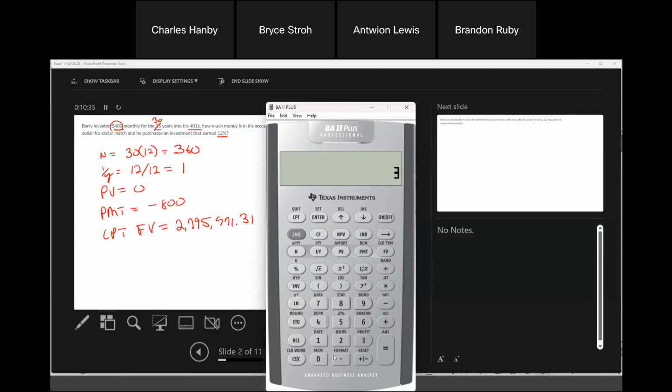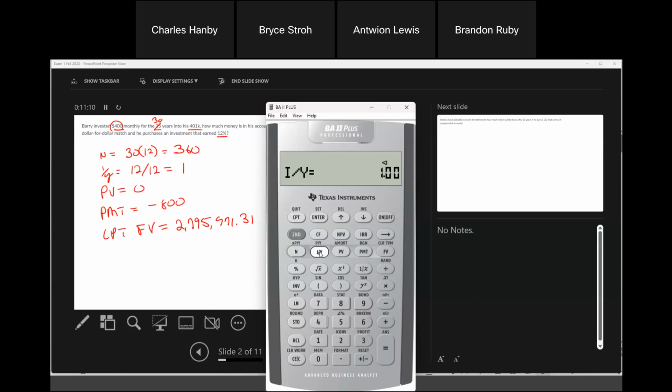So 30 years monthly: 30 times 12 equals, make sure you hit equals, and then press N, and it'll say N equals 360. The one thing I recommend is to always work from left to right, write it on your page, and then enter it into your calculator. So 12 divided by 12, you can do that in your head, but sometimes you can't.